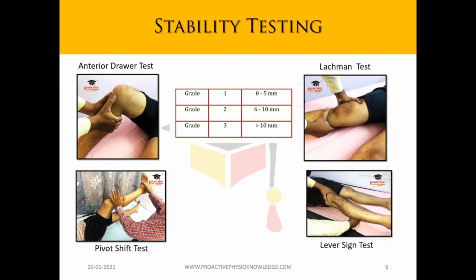If you find tibial translation of 0 to 5 millimeters, then you rate the ACL injury as grade 1. As the translation increases, you increase the grade up to 3. So stability testing is most important. But before checking the integrity of the ACL, the pain should be less and the swelling of the knee joint should have reduced.